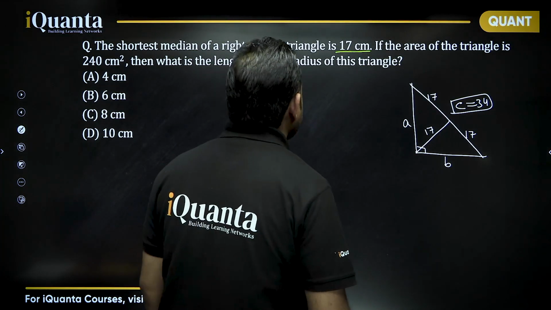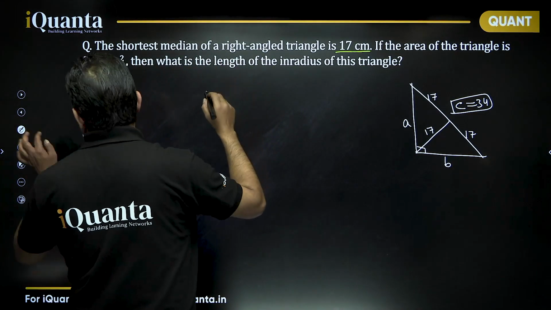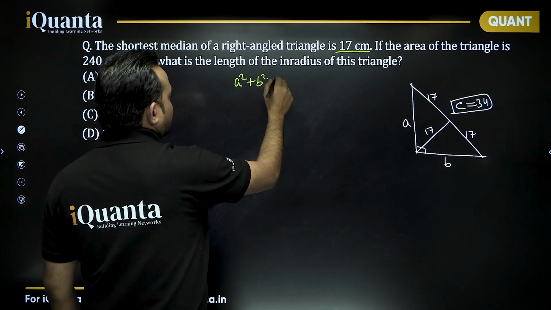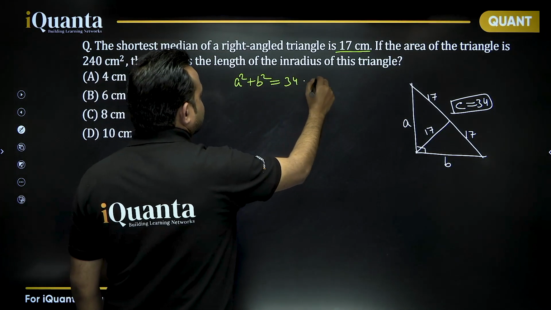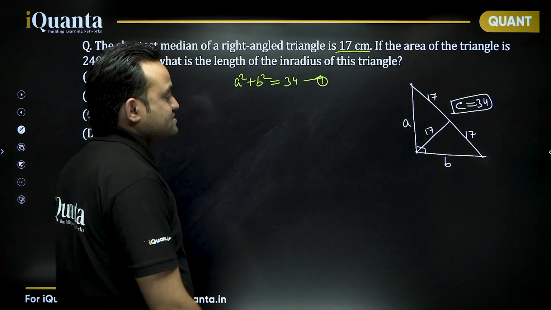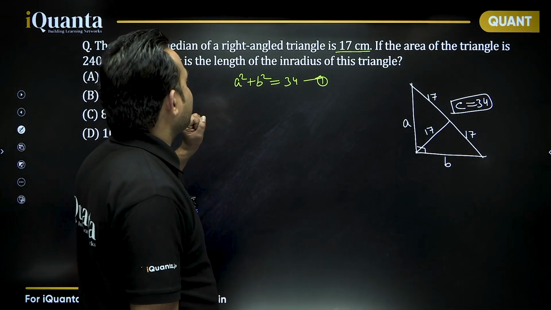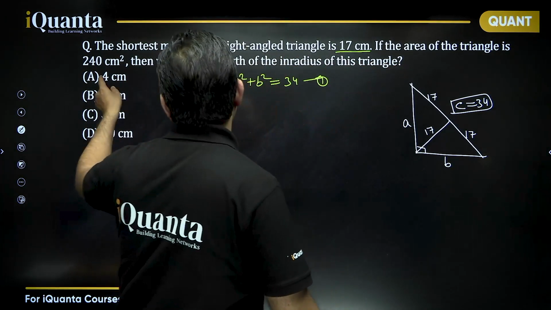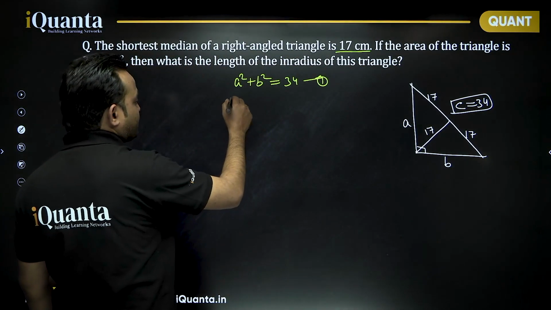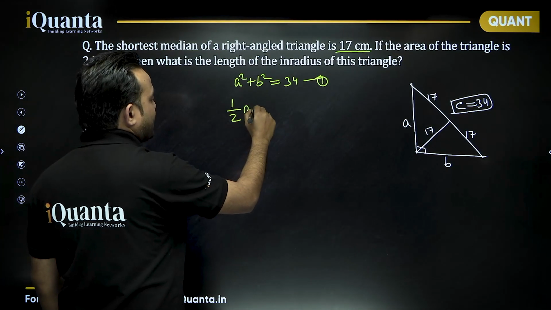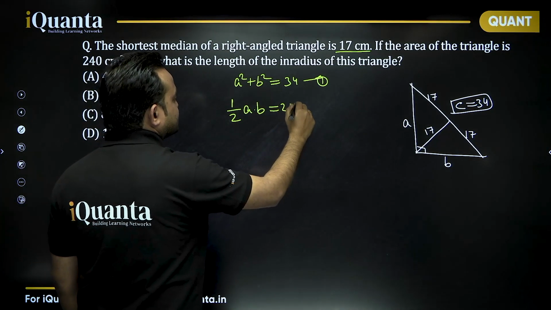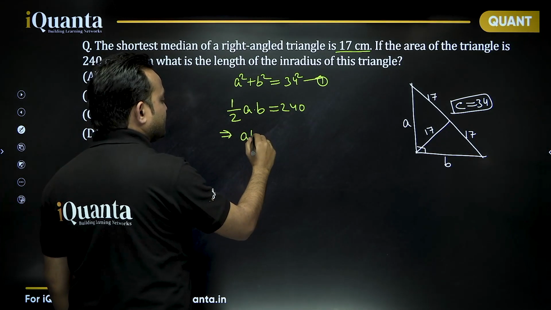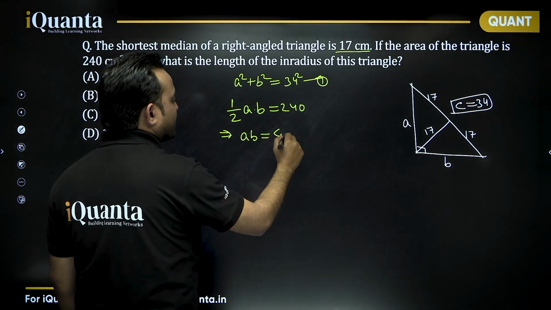Now what we can say, that we have A square plus B square is equal to 34 square. Let's say this is our equation 1. And then we have that the area of this triangle is given, which is 240 centimeter square, means half of A into B is equal to 240, or we can say AB is equal to 480.